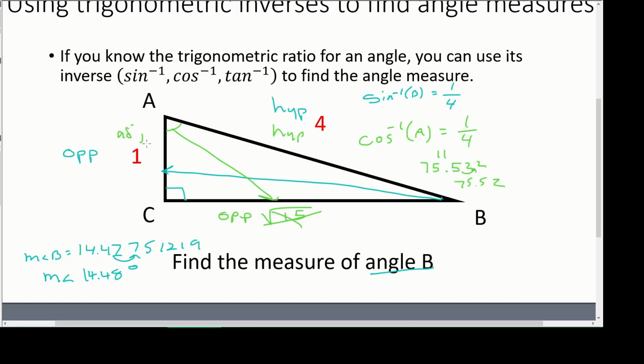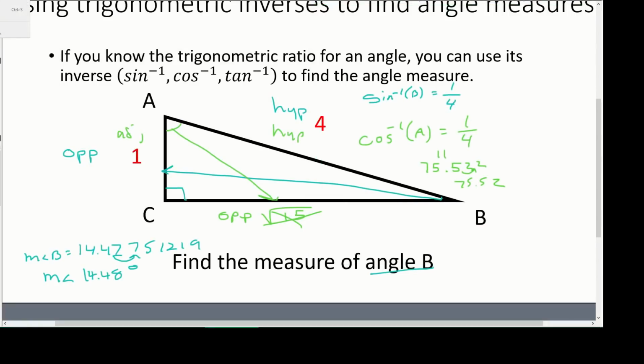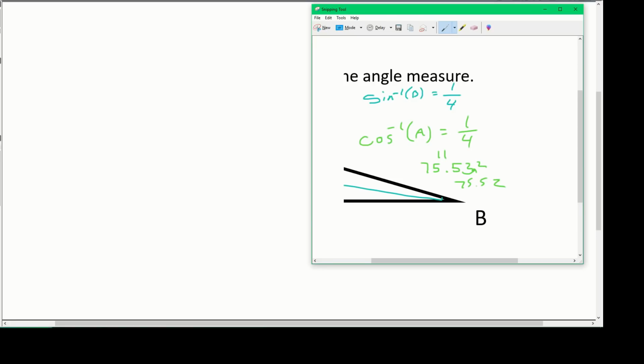So going back, I don't want to do a new screen. I'm just going to cut my answer here. The picture I saved had the measure of angle A, the measure of angle B, and the measure of angle C. Let's pull that back up.